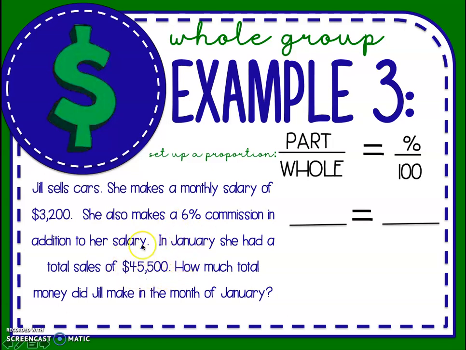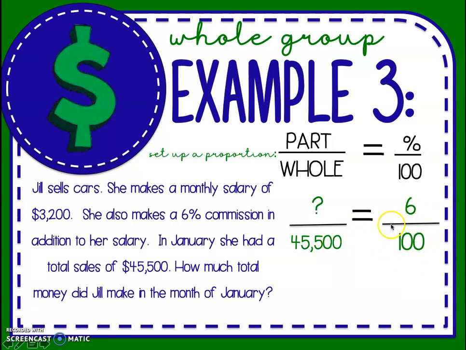Her total sales were 45,500, so that's our whole. She makes 6%. We know this spot's always 100 because percent is out of 100. The percent is going to be 6. And the part that she made in commission is the part that we're looking for. So we're going to take 45,500 times 6.